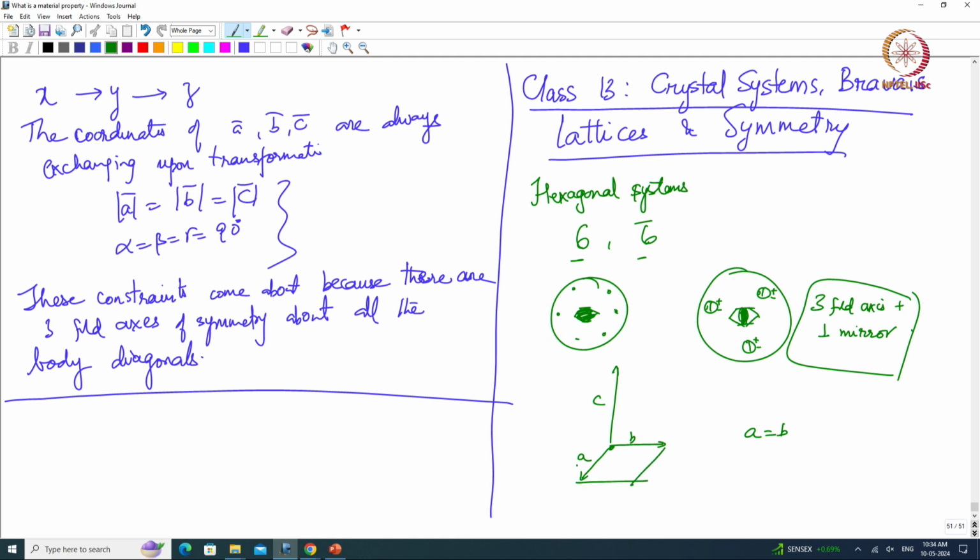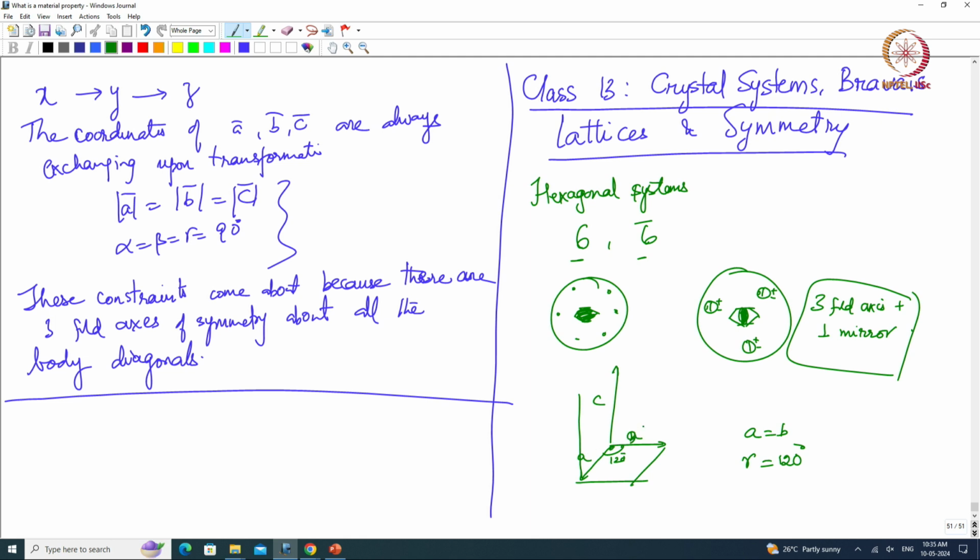The other constraint you have is that the angle between A and B, which is my angle gamma, is equal to 120 degrees. So that is a hexagonal system in general. This base is a parallelogram with 120 degrees as the angle between A and B, A equal to B.